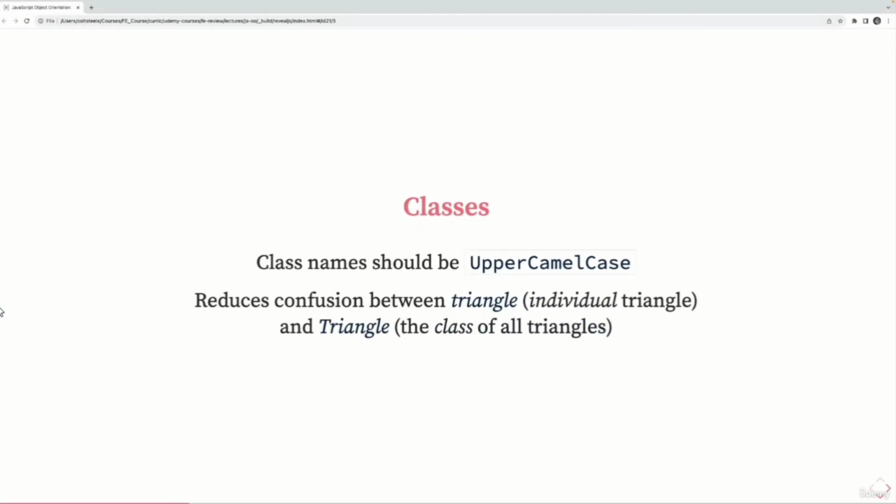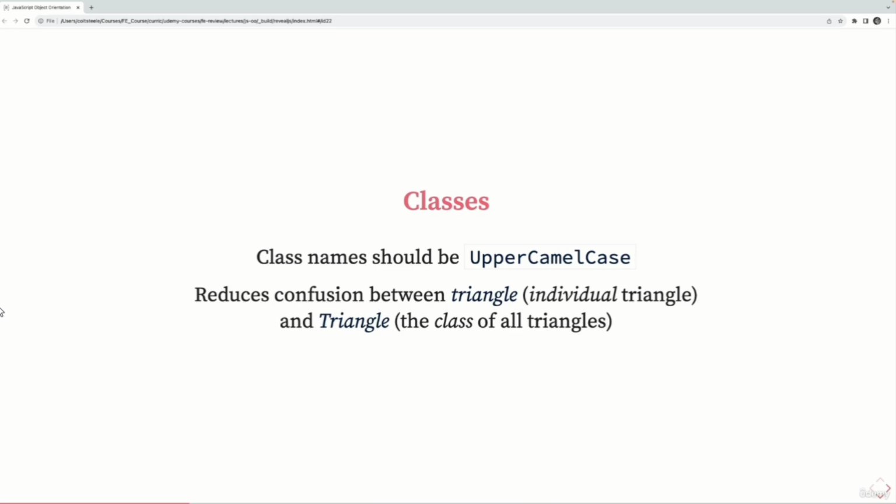All right, a couple of other quick notes. It's very common and conventional to upper camel case your class names. We camel case variable names in JavaScript, but we don't use an uppercase letter for the first letter unless it's a class. And this is just a clear indication to someone that they're looking at a class, that they're instantiating a class.